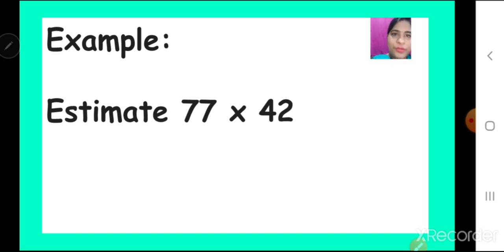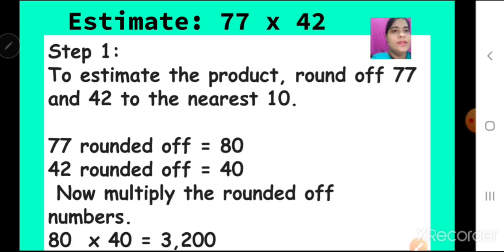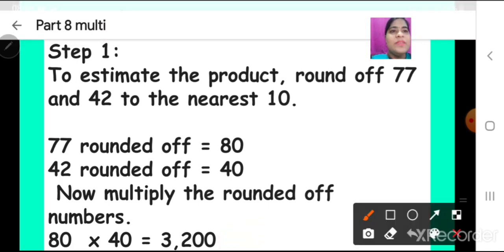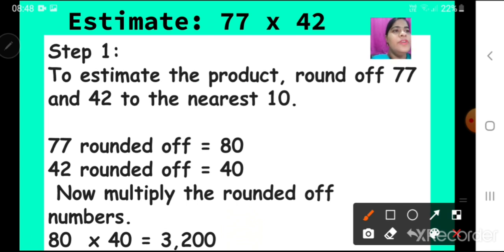So we have to round off the numbers to the nearest 10. See here, children, the first step: to estimate the product, round off 77 and 42 to the nearest 10.